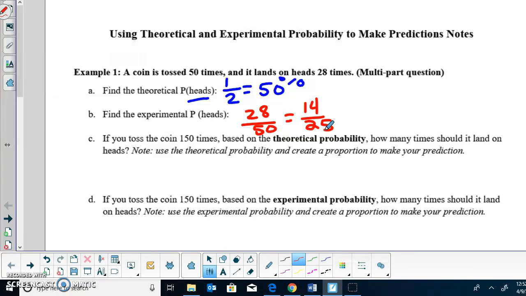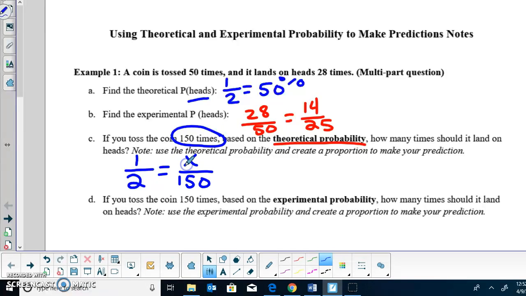Now for question C, it says, if you toss the coin 150 times, based on the theoretical probability, how many times should it land on heads? My note tells me to use the theoretical probability and create a proportion to make my prediction. When I go back to theoretical probability, I got 1/2, so 1 out of 2 times. If I flip it a total of 150 times, that's my denominator.